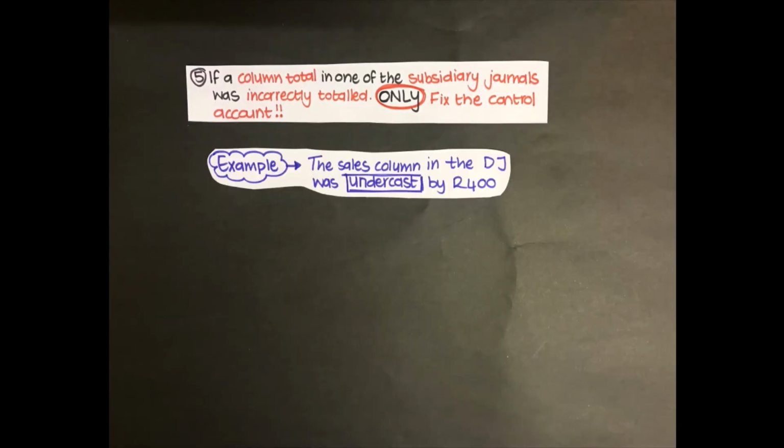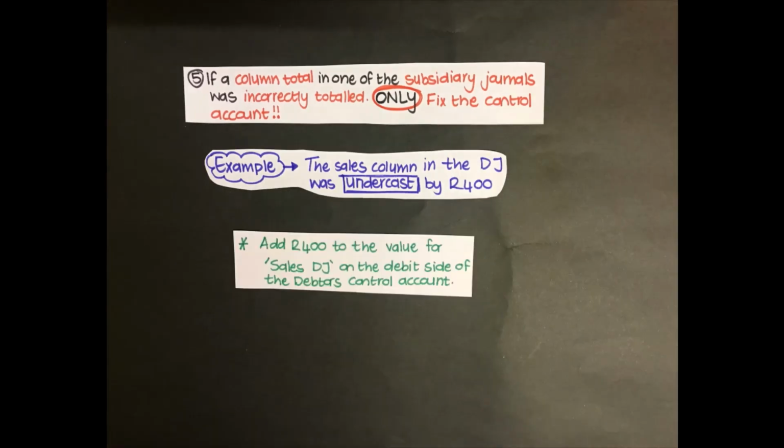So you only fix the control account. For example, if the sales column in the DJ was undercast, meaning it's too little, by 400 Rand, then you have to go and add that 400 Rand back on the debit side of the debtors control account. Overcast, on the other hand, would mean that it's too much. So then you would have had to subtract the 400 Rand.